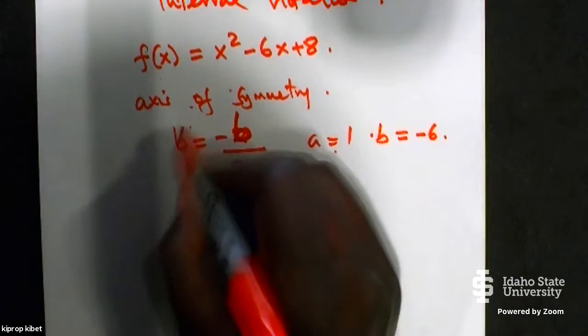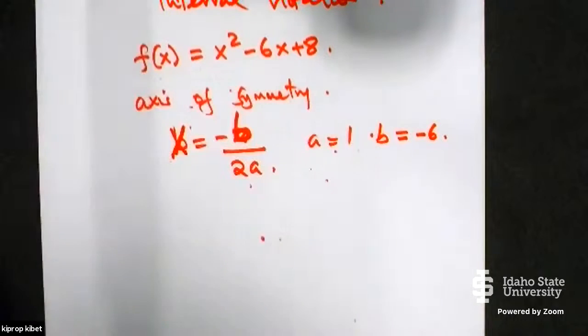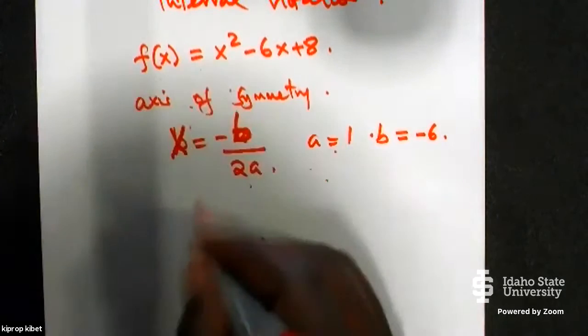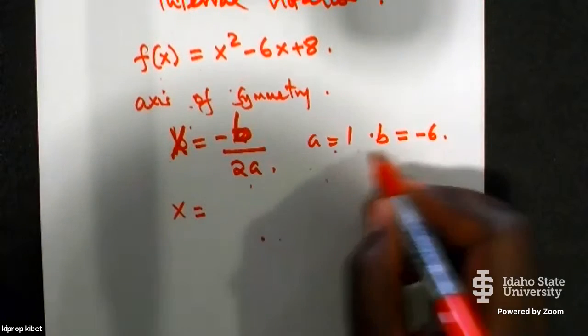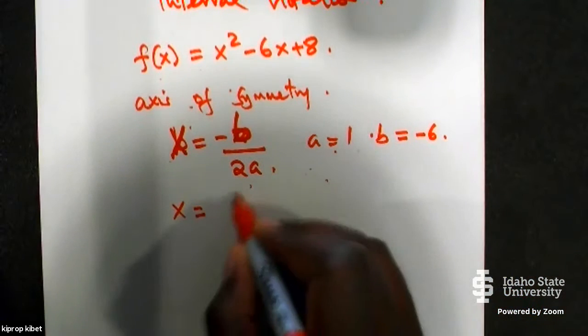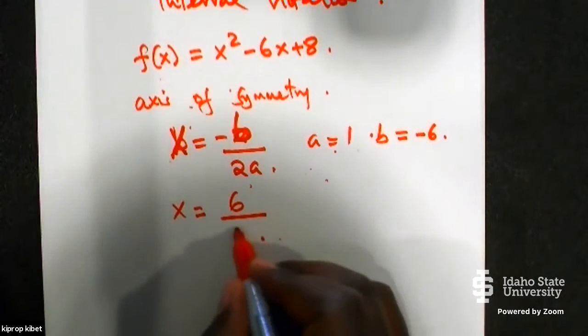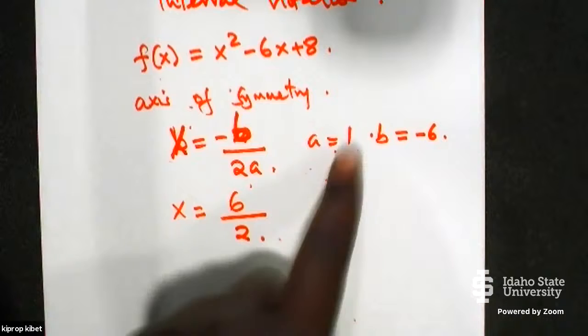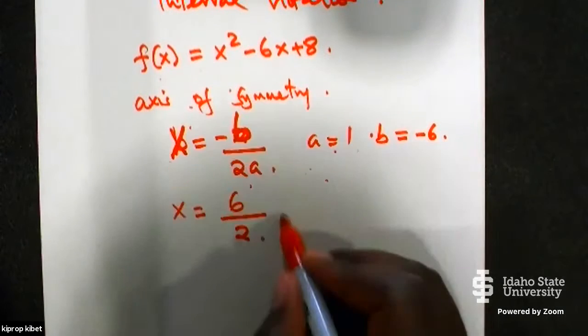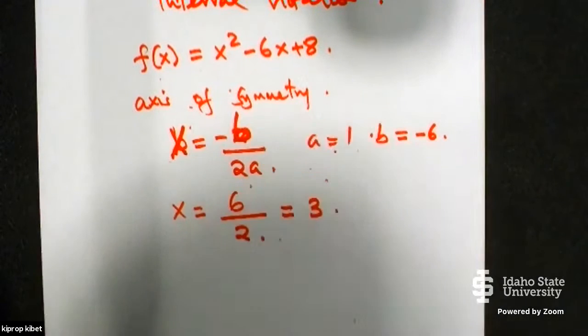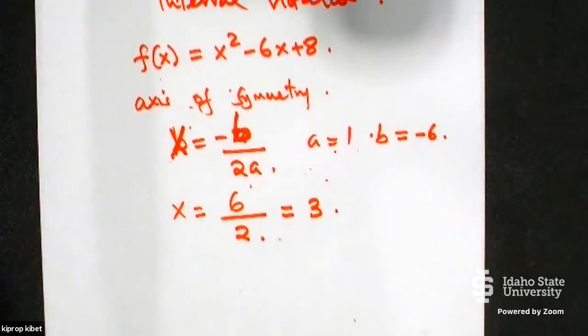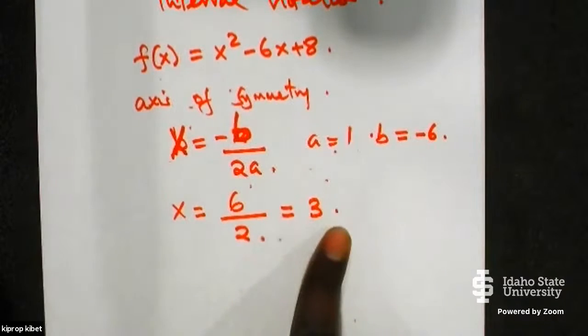So x equals minus b, which is minus minus 6, so that means it will be 6, right? All over 2, because a is 1. So x will be 3 there. So our axis of symmetry is 3.